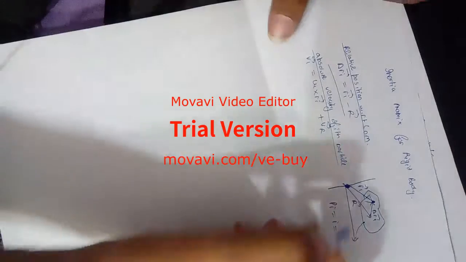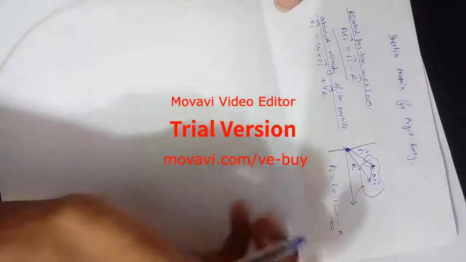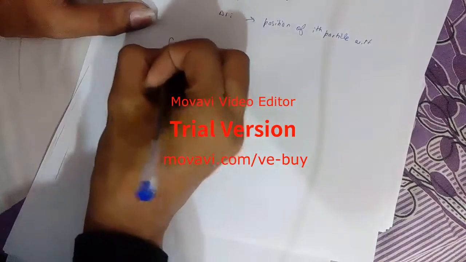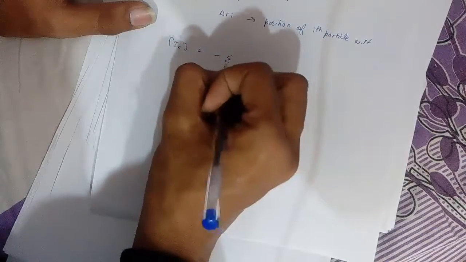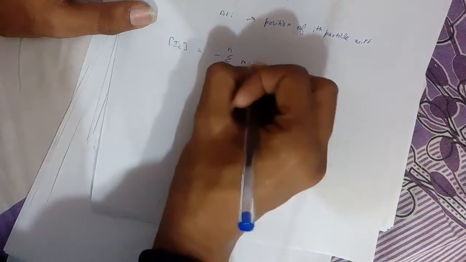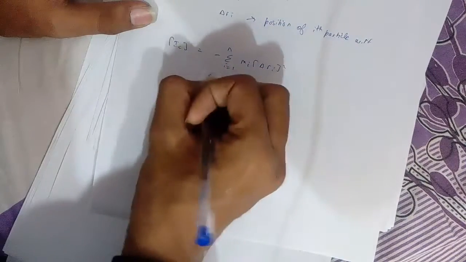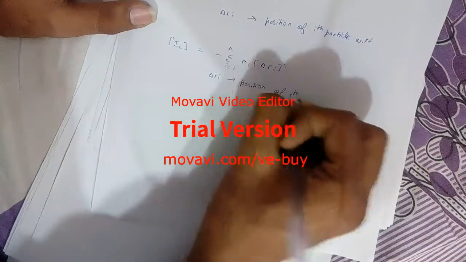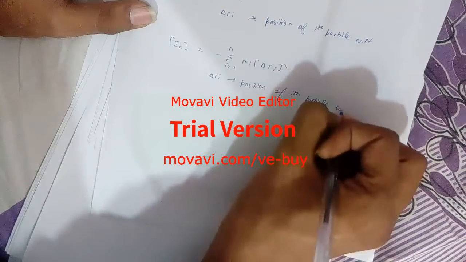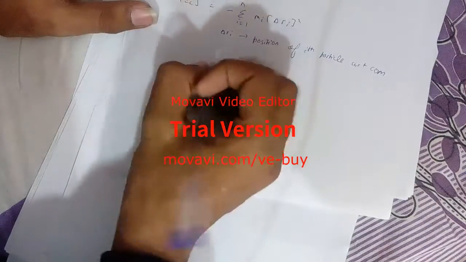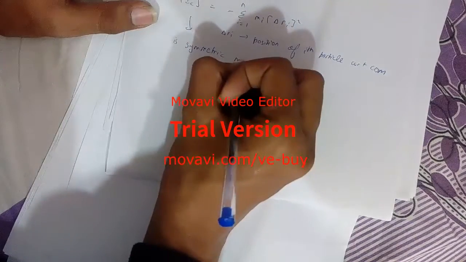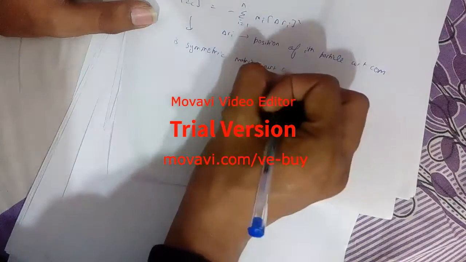Then IC equals minus summation i from 1 to n of mi delta ri square, where delta ri is the position of the ith particle with respect to the center of mass, and IC, that is the moment of inertia matrix, is a symmetric matrix with respect to the center of mass C.